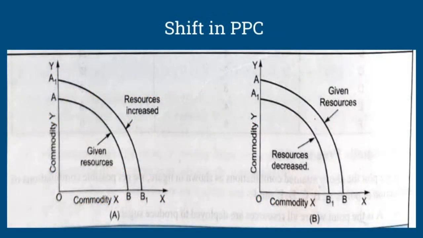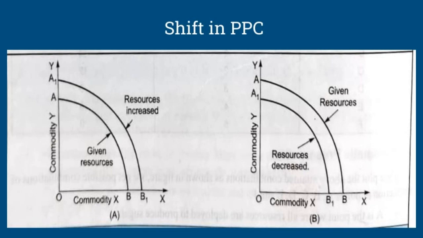So here on screen there are two images, image A and image B. If we study graph A, commodity X has been plotted on the X axis and commodity Y has been shown on the Y axis. The production possibility curve denoted by AB is the original production possibility curve, which is made with the help of a given amount of resources.